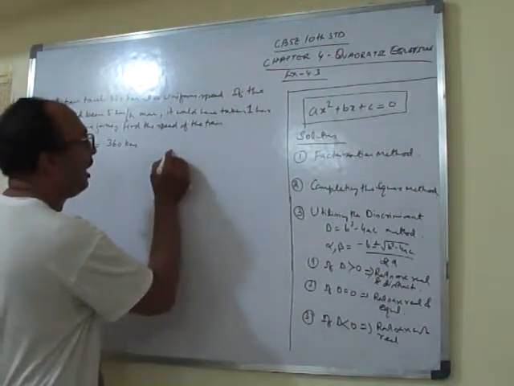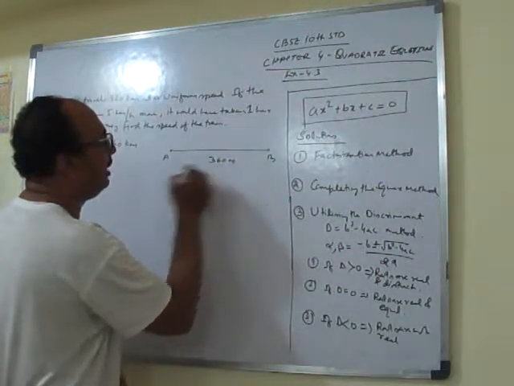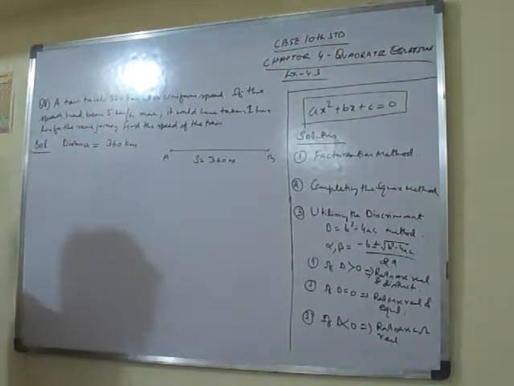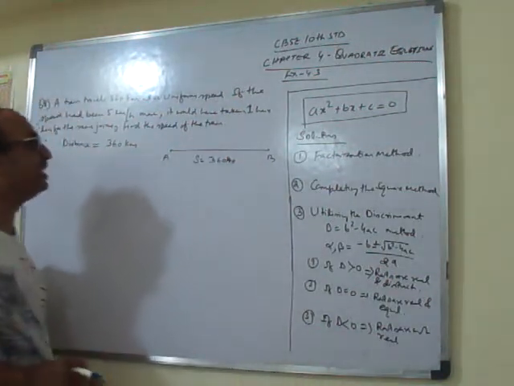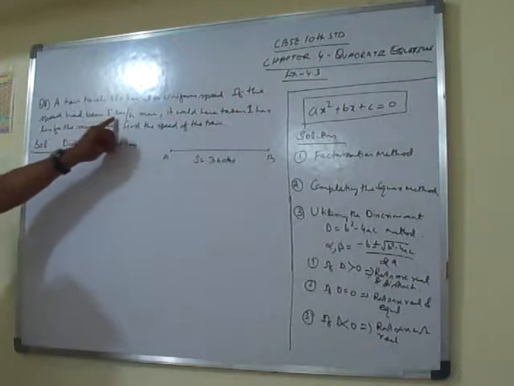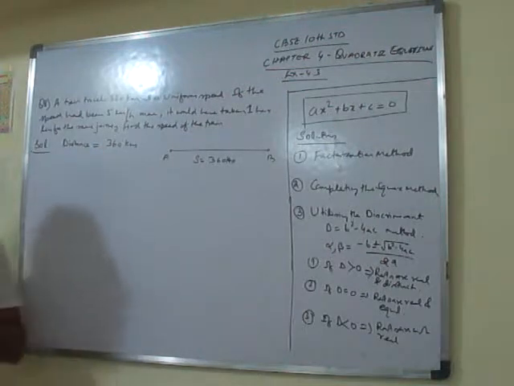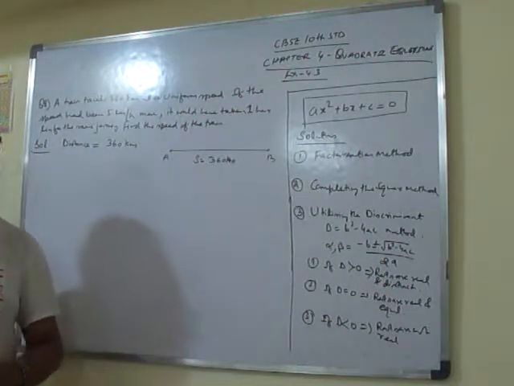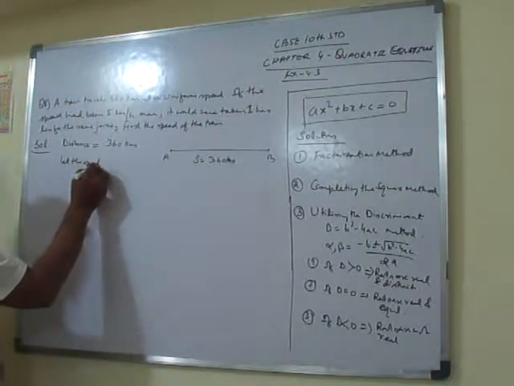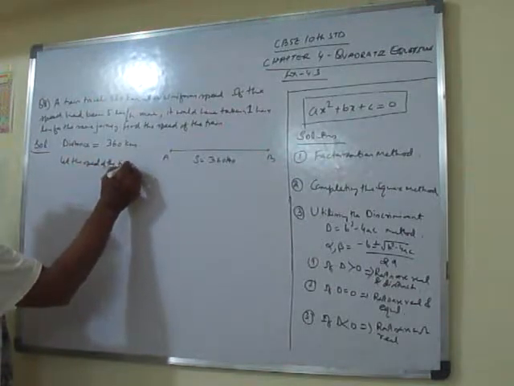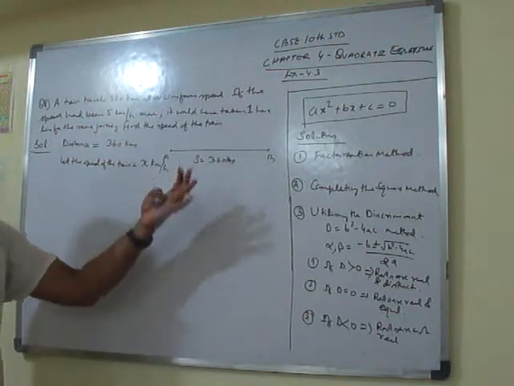Suppose the train is traveling from A to B and this distance of 360 kilometers is generally denoted by S. It is traveling with some speed, so let the speed of the train be x kilometer per hour.